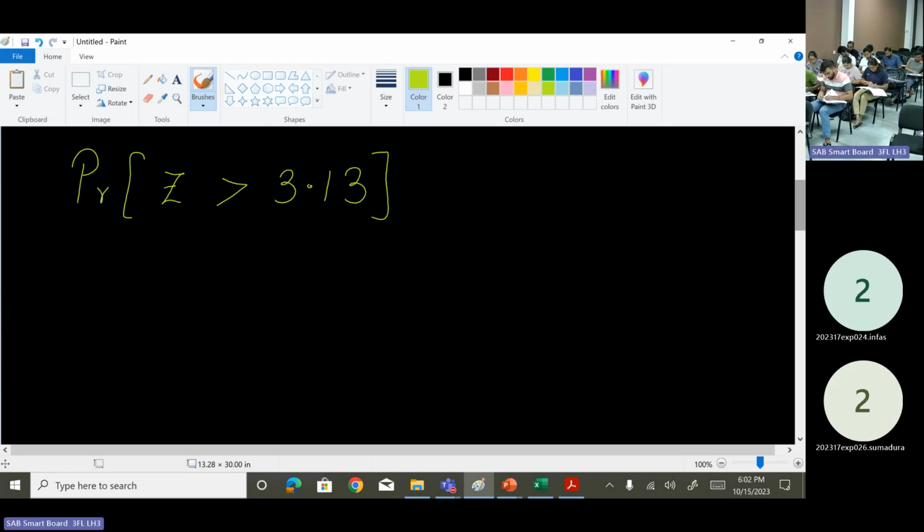Is that greater than 3.13? Right, so we draw the structure. 0 comes in the middle. 3.13. So we want greater than, so this region is needed.